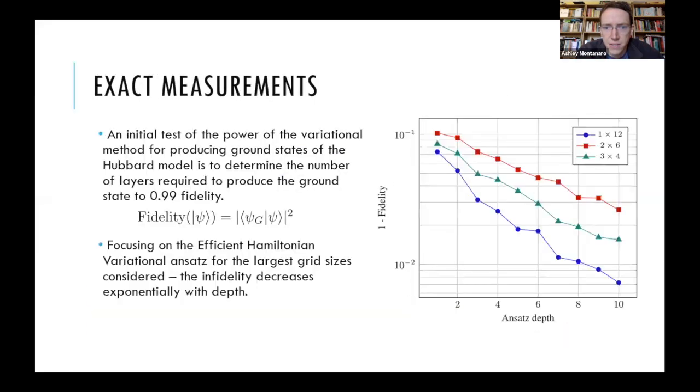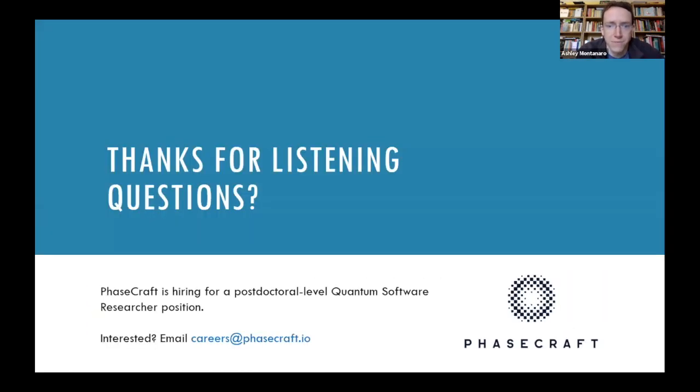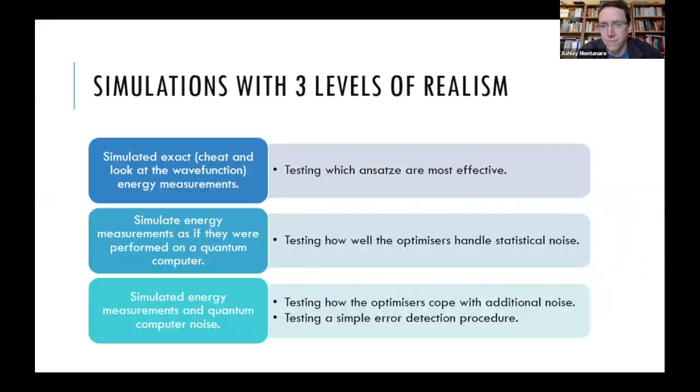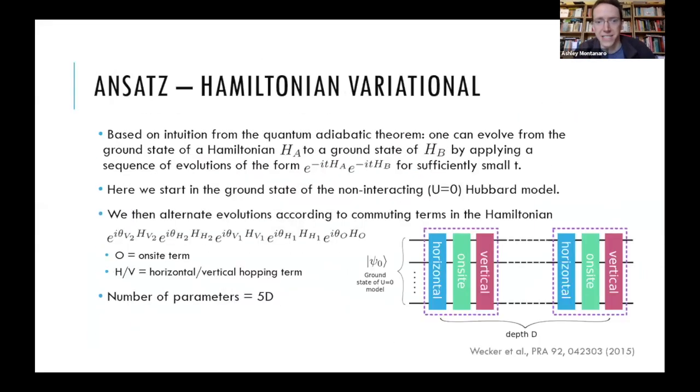There's next a question from Joan Camps asking, what's the intuition that the application of this adiabatic time evolution with alternating Hamiltonians works? Is there any intuition behind the result that alternating these two Hamiltonian types should find us the ground state? I would say the quantum adiabatic theorem is the intuition.